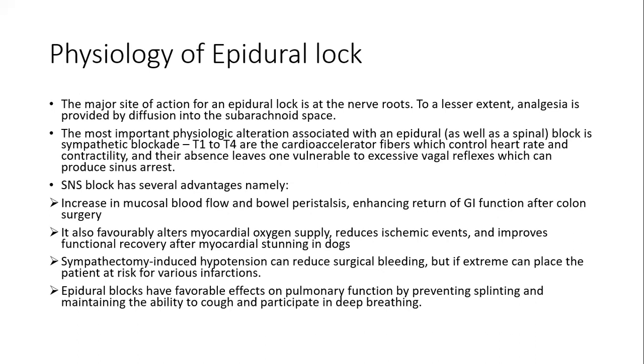It also favorably alters myocardial oxygen supply, reduces ischemic events, and has been found to improve functional recovery after myocardial stunning in dogs. Sympathectomy-induced hypotension can also reduce surgical bleeding. But be careful that it's not too excessive, because it can lead to visceral infarction.